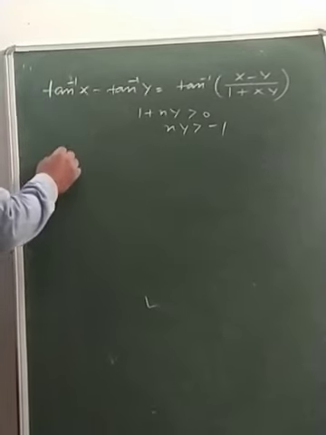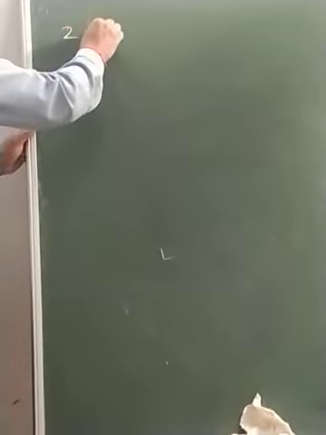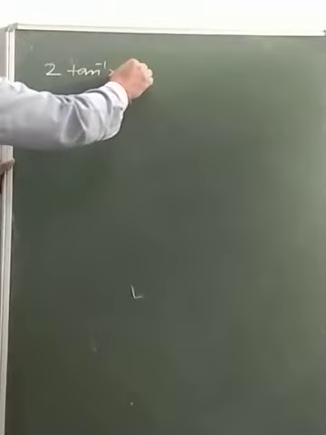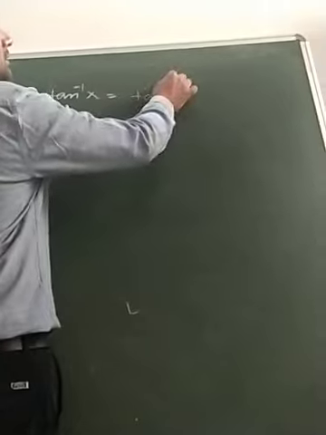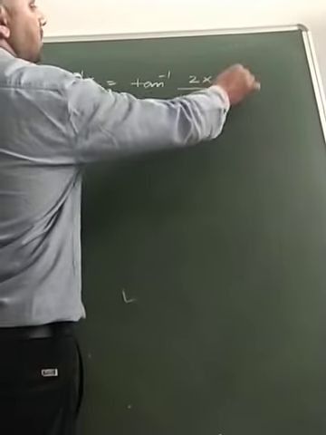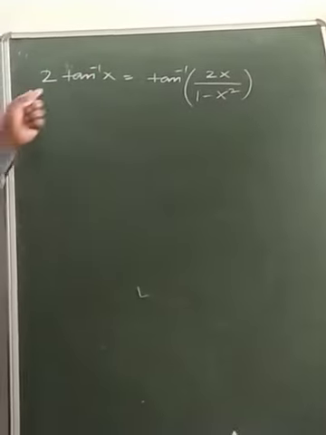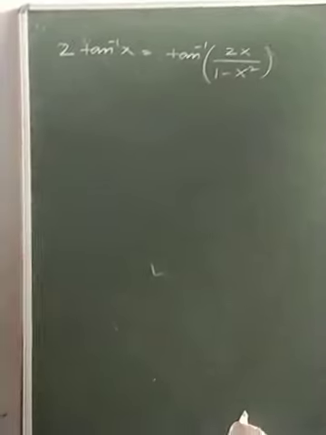Next property: 2 tan inverse x is tangent inverse of 2x upon 1 minus x square.